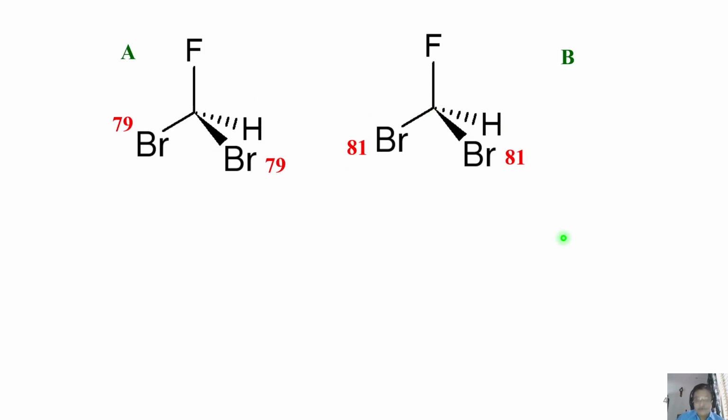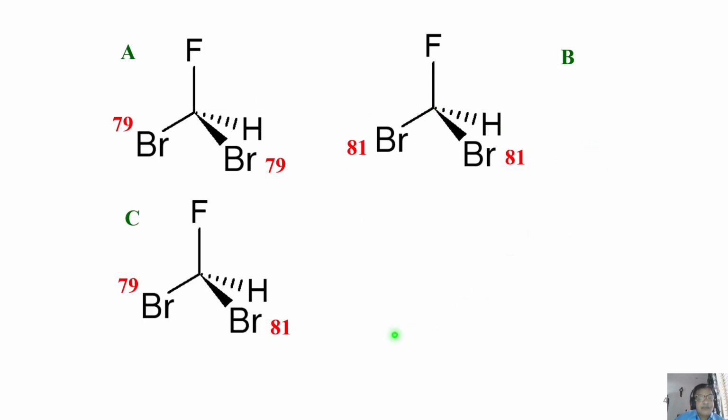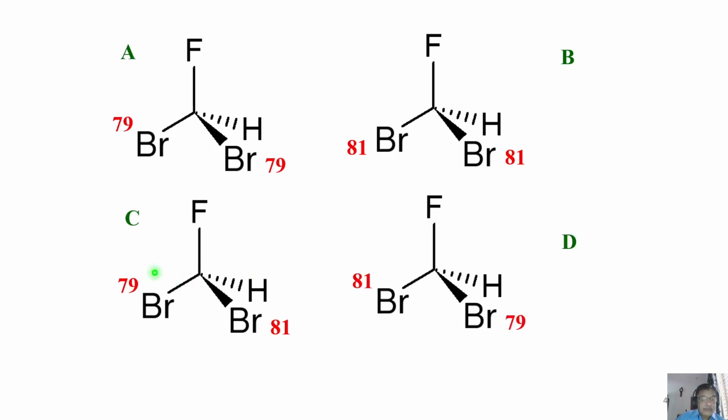Think of another possibility: this bromine exists as 79 and this bromine exists as 81. Of course, one more possibility: this bromine can be 81 and this bromine can be 79. And these two are indistinguishable. You can't distinguish them.